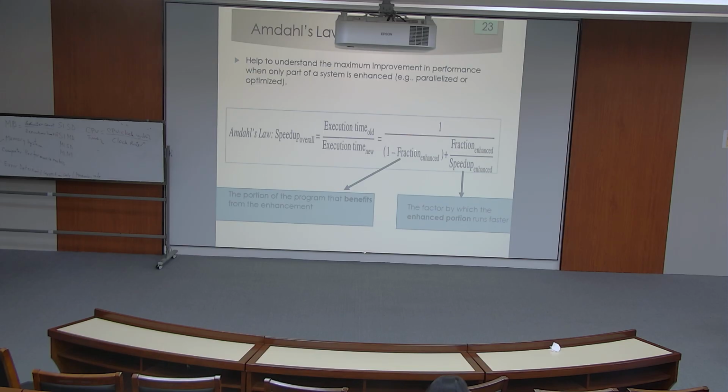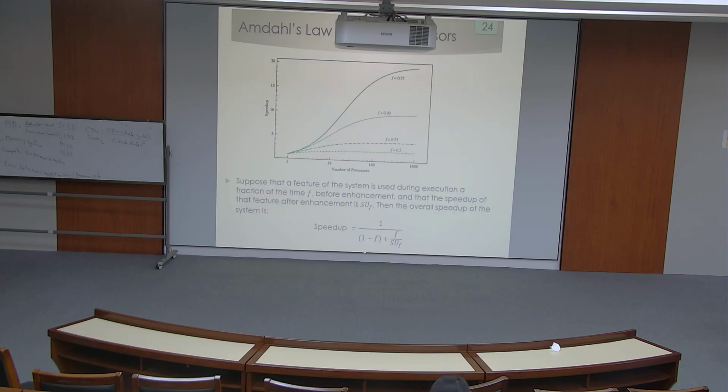It can also be expressed by this expression: 1 divided by (1 minus the fraction enhanced, which is the portion of the program that can benefit from the enhancement. That means we have, for example, a portion of the program which can run in parallel) plus the fraction enhanced divided by the speedup enhanced, the factor by which the enhanced portion is sped up. So Amdahl's law also needs to be revised.